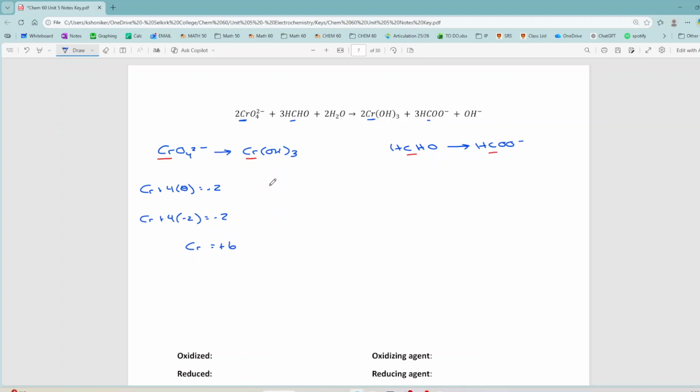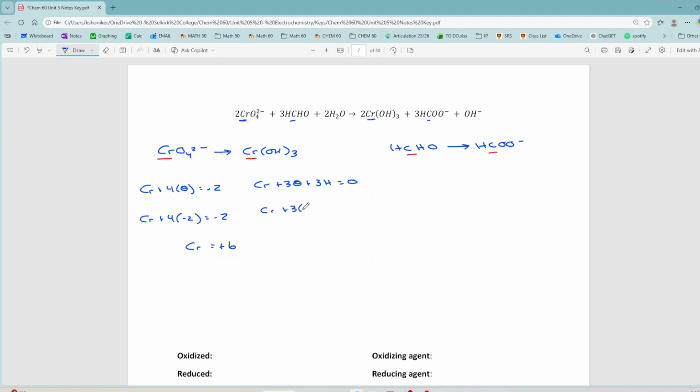For this one, you can do this as chromium and 3 oxygens and 3 hydrogens, or you can do this as chromium and a hydroxide because we know the charge on hydroxide. It is kind of personal preference. If you're being a perfectionist, you'll do chromium and 3 oxygens and 3 hydrogens is equal to 0, but it'll come out the same.